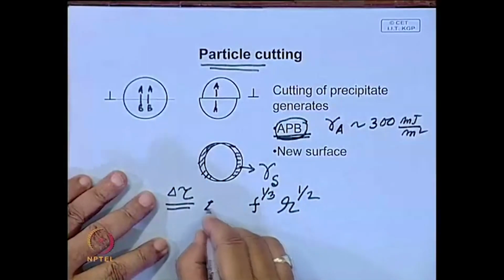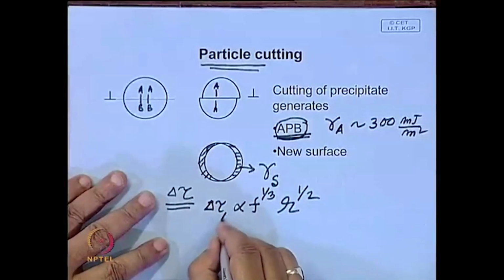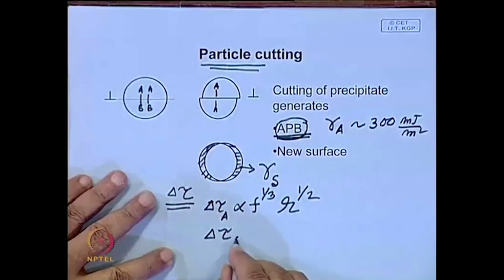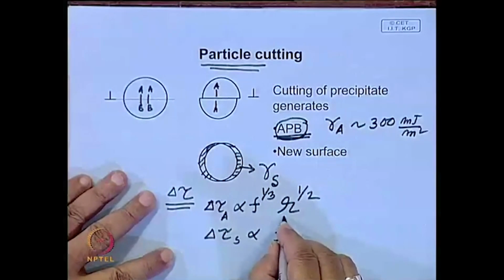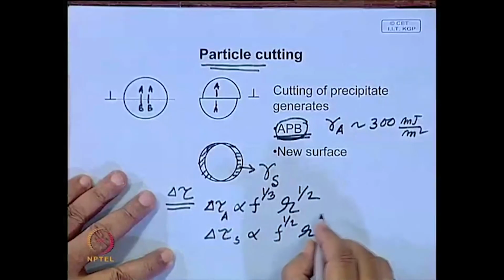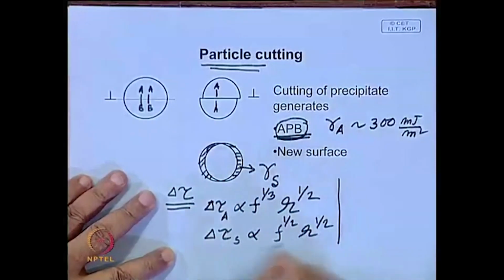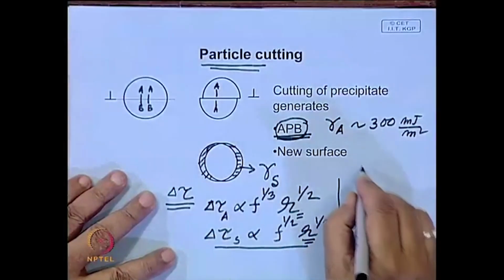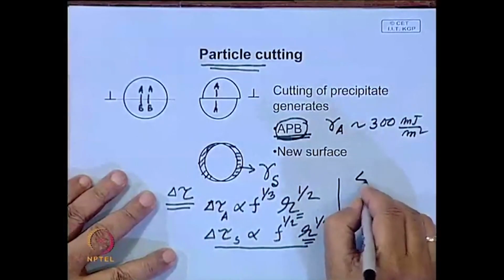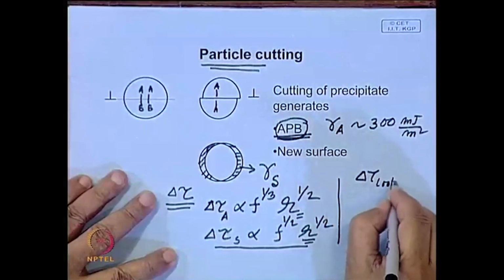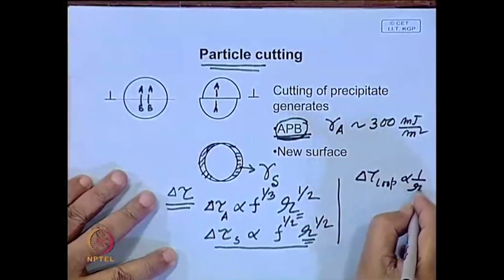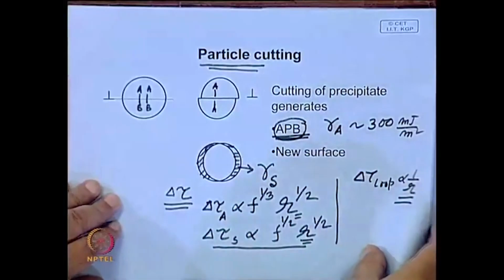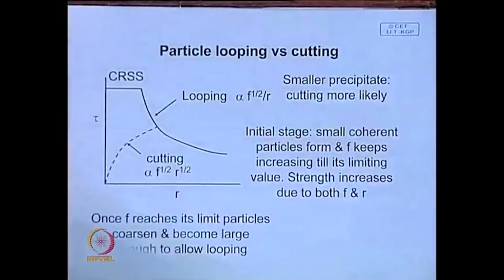This is for the antiphase domain boundary, and this is for the new surface created. So this increases as the particle grows, whereas for looping, delta tau loop is inversely proportional to r. This is quite important, and we will look at the implication of this, which is shown here.